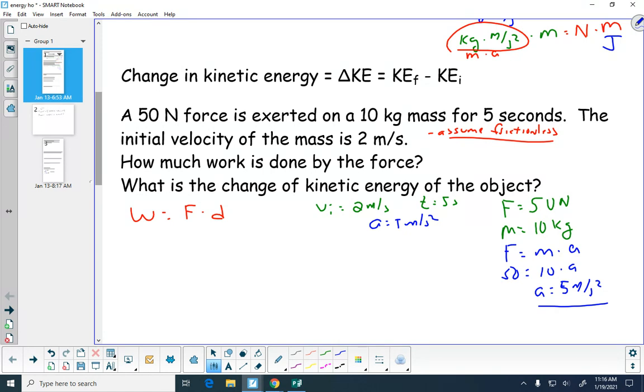We still know we have the force of 50 newtons. We have acceleration, we have initial velocity, we have time. What is the displacement for this object?